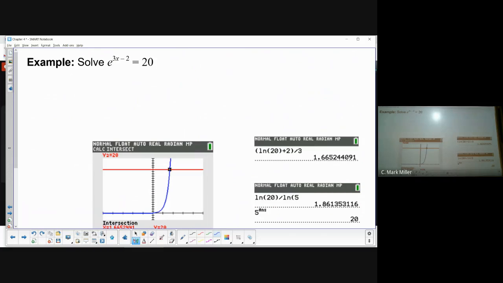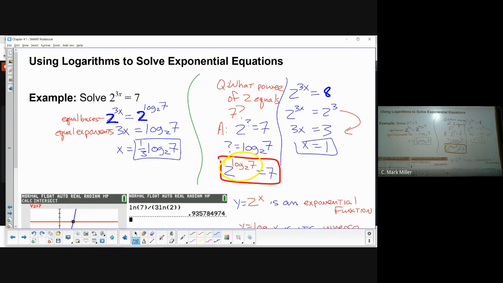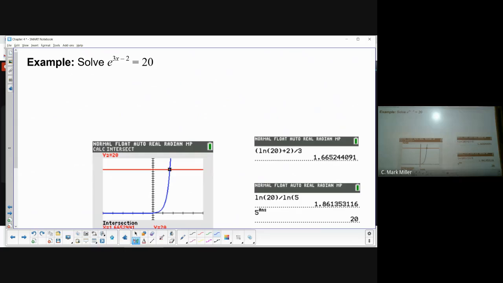Here's another one. I'm going to do this one a slightly different way. Might make more sense to you. Logs and exponential functions are inverses of each other. So one way to do this would be here.